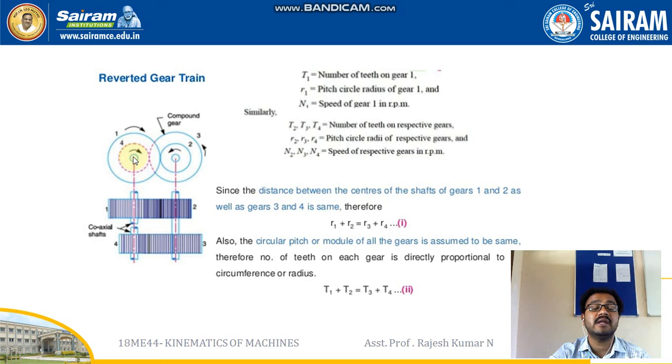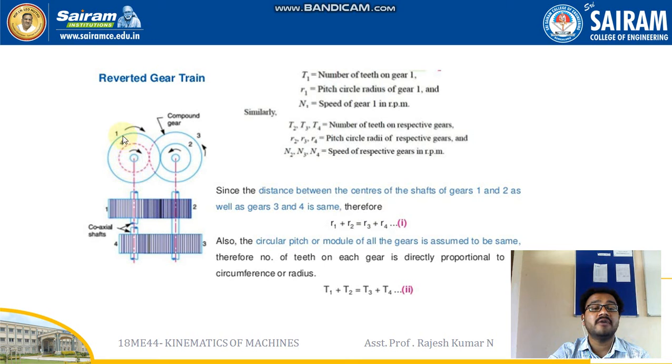So I can write the pitch circle radius. For gear 1 it is R1, for gear 4 it is R4, and similarly for gear 2 and gear 3 it is R2 and R3. So I can equate the center distance equation.